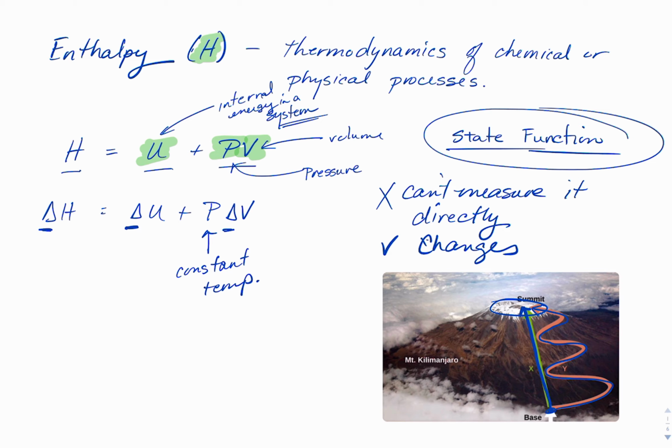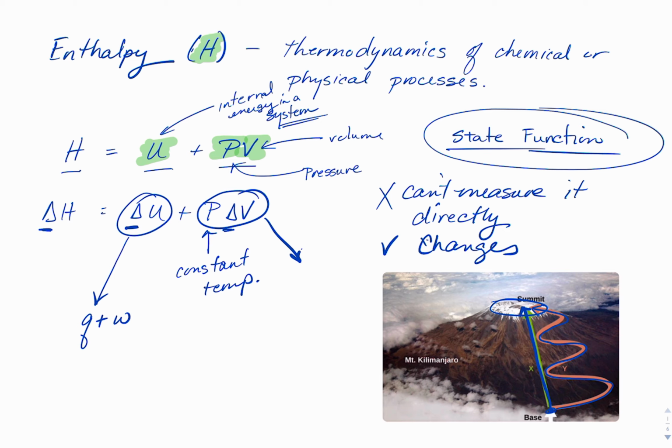And it turns out that these values, delta U, can be defined as Q plus W, which is the amount of heat energy plus work. And then P times delta V can be defined as pressure times the change in volume, or pressure work.